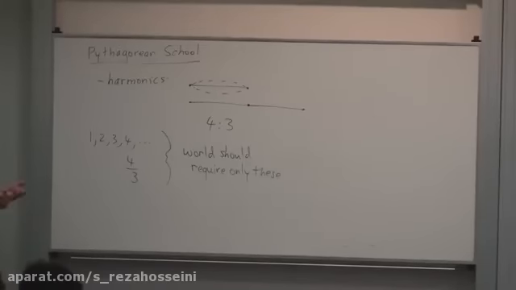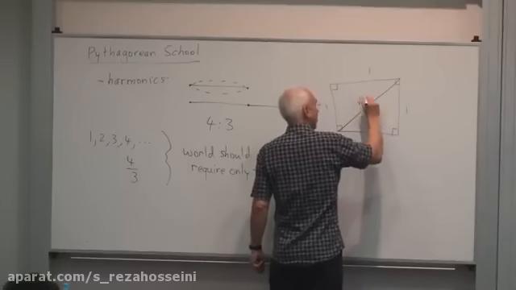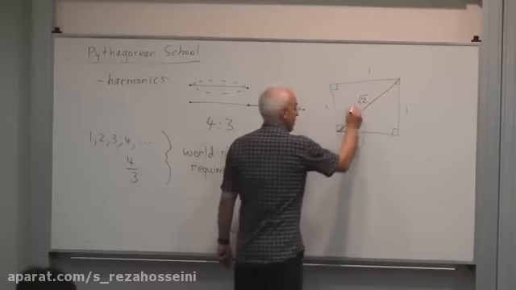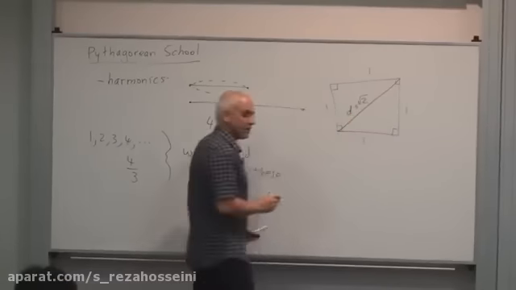There's a square. And the diagonal of that square, which these days we all know, we call it root 2. Whatever the number d is, by Pythagoras' theorem, it's got to have the property that d squared equals 1 squared plus 1 squared, which is 2.